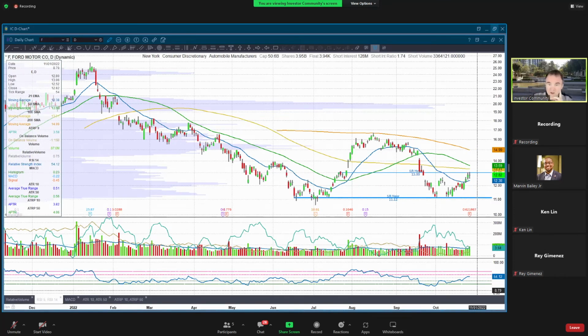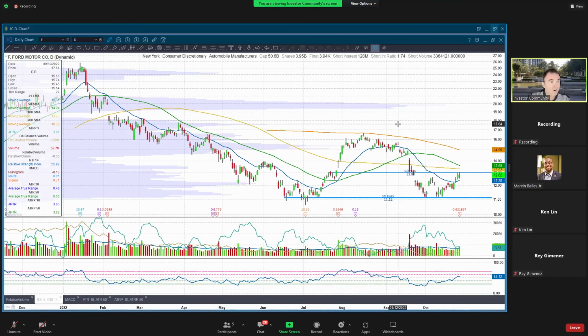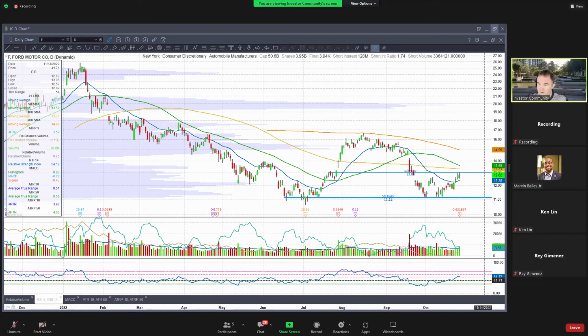So I see Ray says, I'm looking to get LEAP options, but looking for a nice entry. Okay, so volatility is really high right now. Let's see. I want to take a look and see what the implied volatility rank is on Ford, and it is elevated.